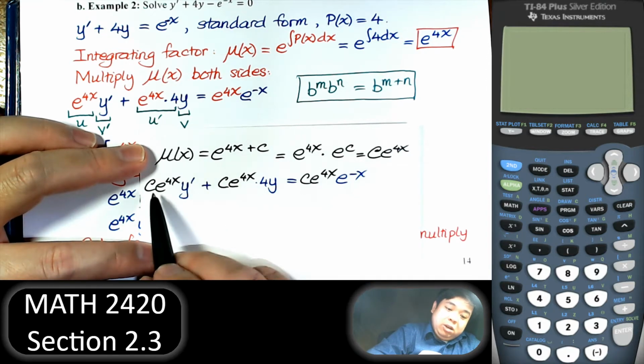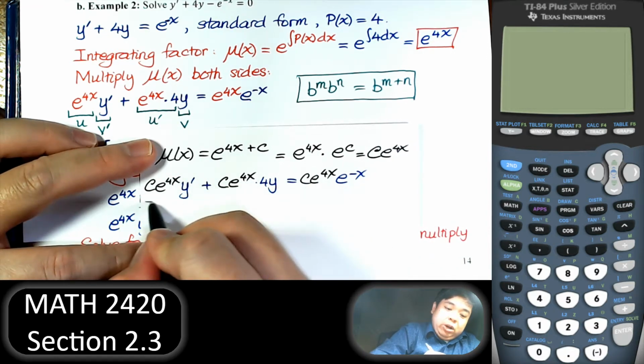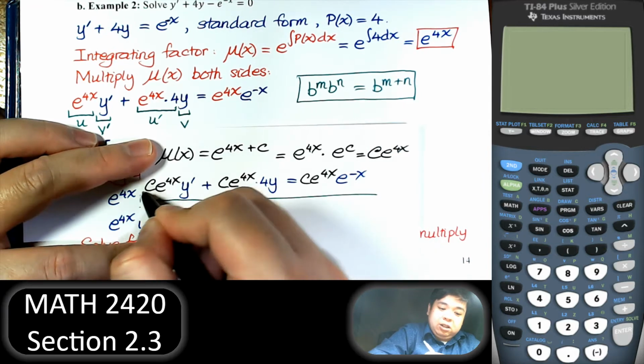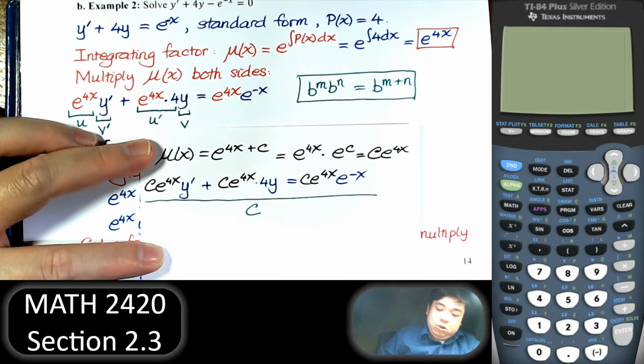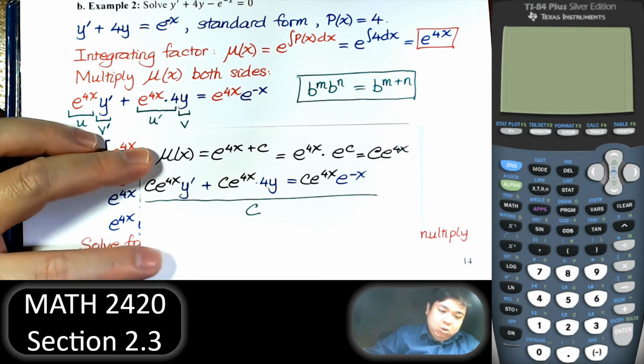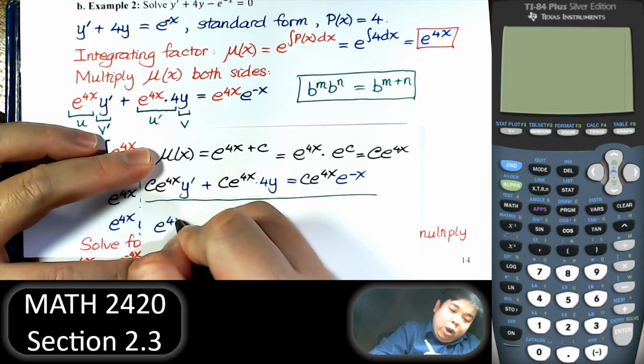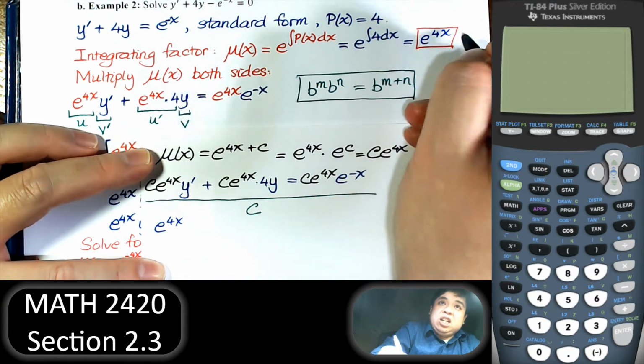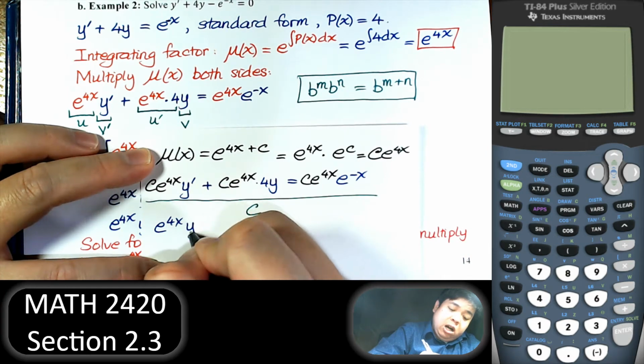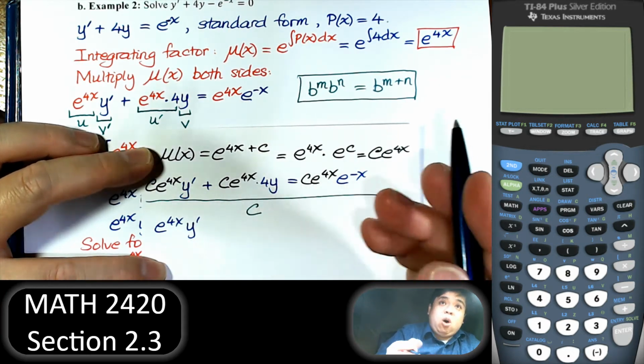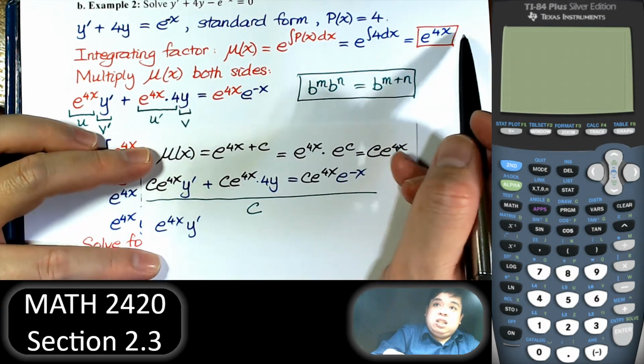in this equation, because all of them have c, we can just divide by c on both sides, and that cancels out. So that's why in this problem, whether we have plus constant c in the integral or not, it doesn't matter. Quite often, we just ignore it and don't write the plus constant c there.